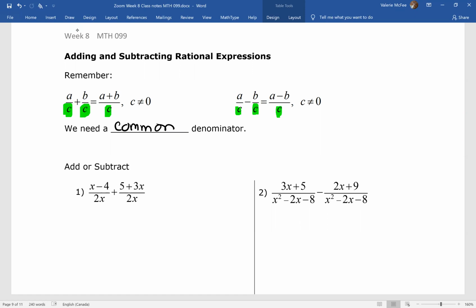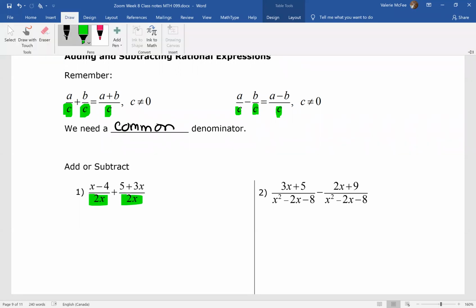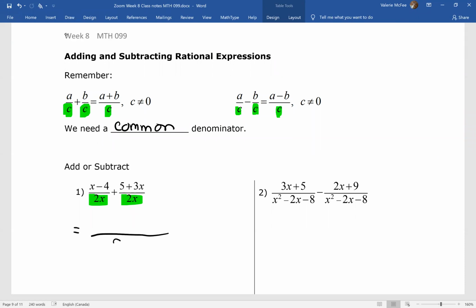So if we look at question 1 here in this example, the denominators are the same. That means we can keep the denominator and add the numerators.